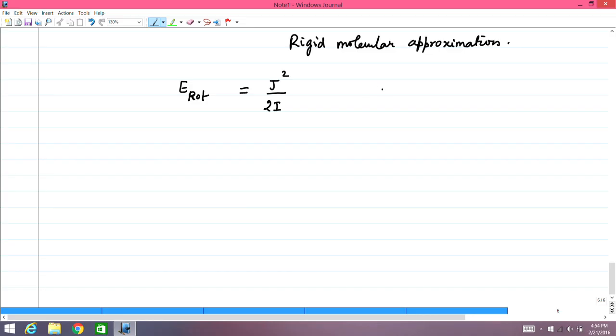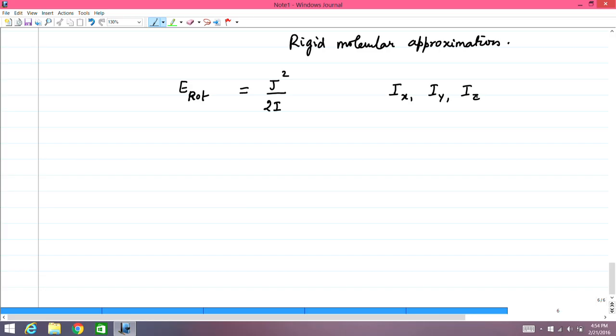However, if a molecule is such that its moments of inertia about 3 mutually orthogonal axes are not the same, then we have to worry about those axis systems and write the moments of inertia as Ix, Iy and Iz.